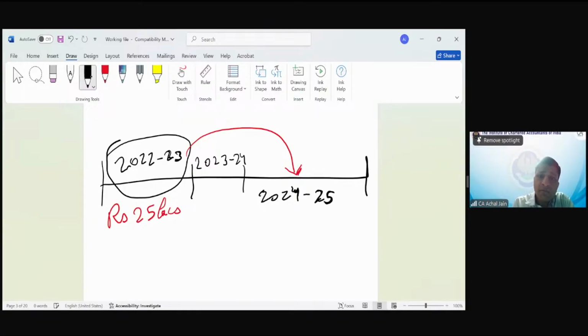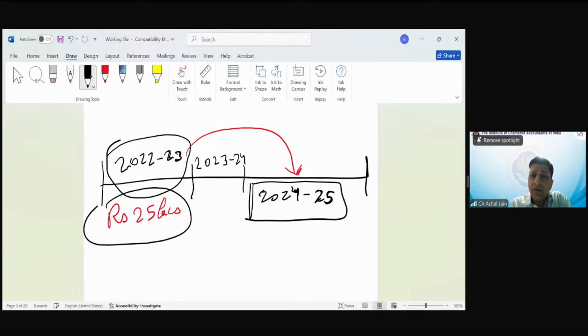No. So this error needs to be rectified, and you will rectify it in the financial year 24-25. You will make the adjustment in the reporting year 24-25. When you record this, you call it a prior period item.